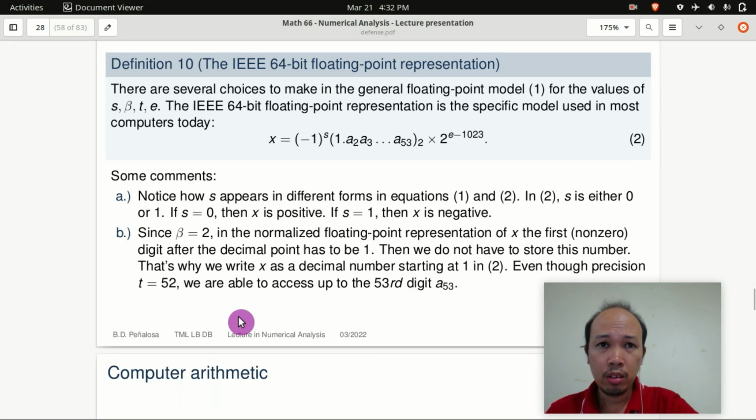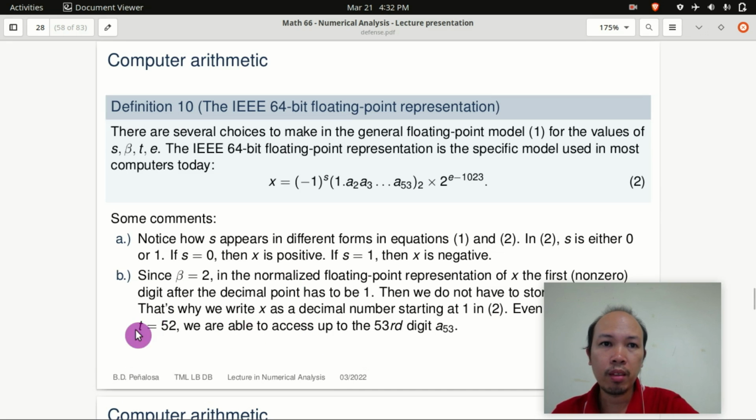So that's why we write x as a decimal number starting at 1 in base 2. Even though precision t is equal to 52, if you look at our general model, t is what we call the precision.